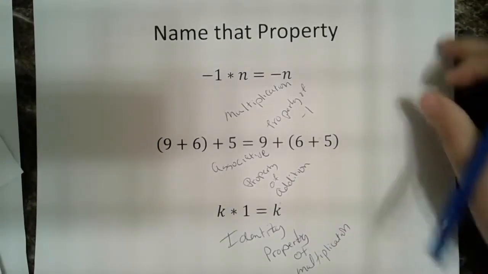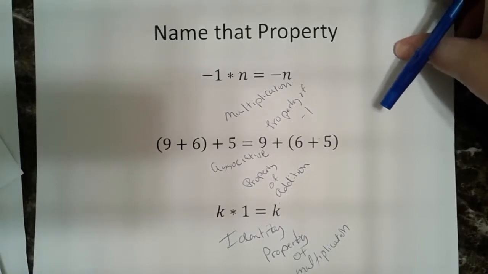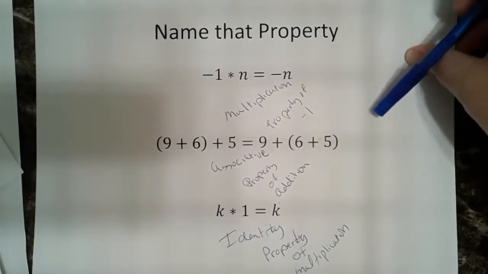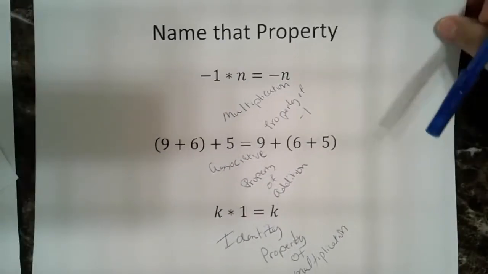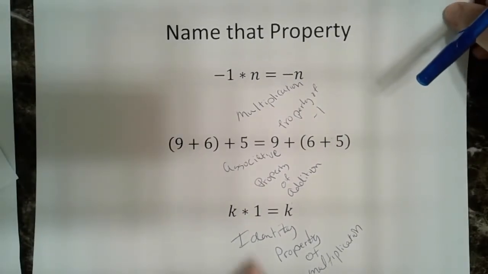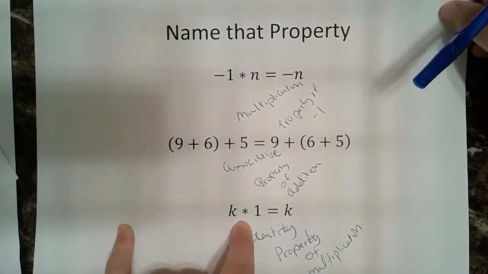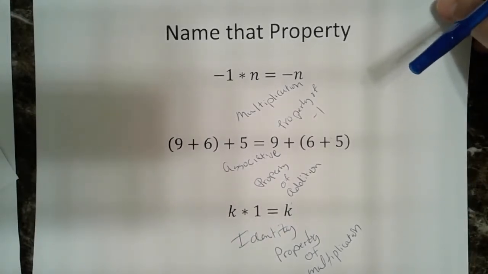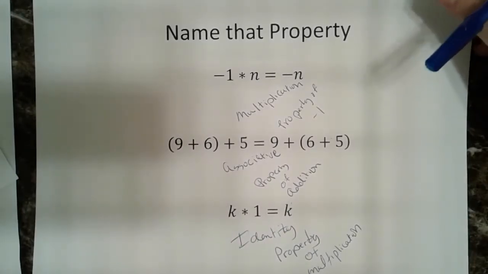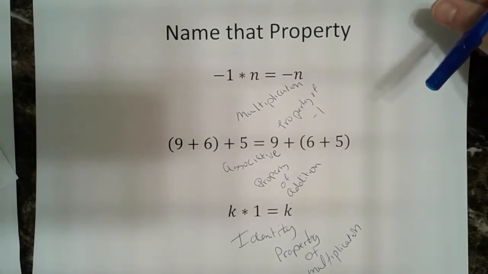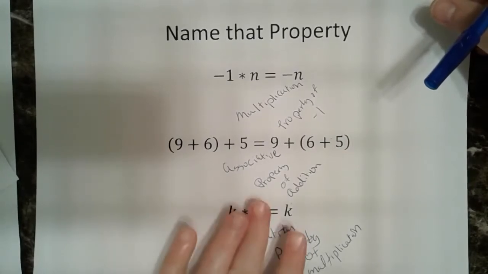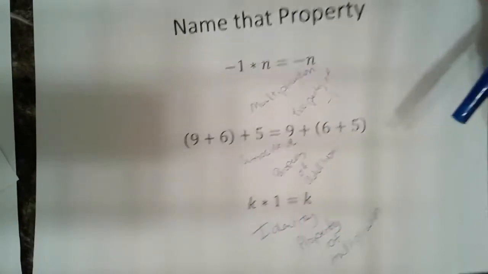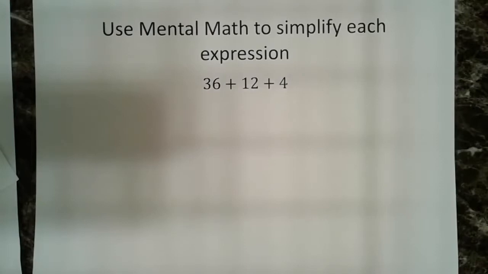Identity property of multiplication. Again, it's important to put down there that it's multiplication. Although you may say, well, Miss Burr, it has a star there, so it's multiplication. You should know it's multiplication. Yeah, you're right. I do know it's multiplication, but I don't know if you know it's multiplication unless you write it down. Okay? So please write it down for me. All right? Show me that you know it. All right, use mental math.